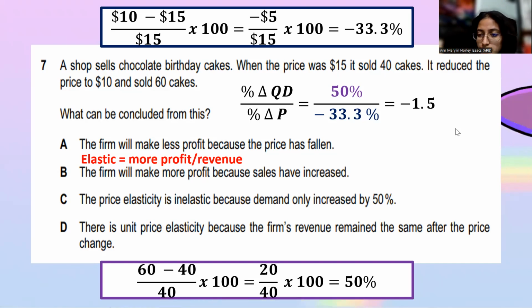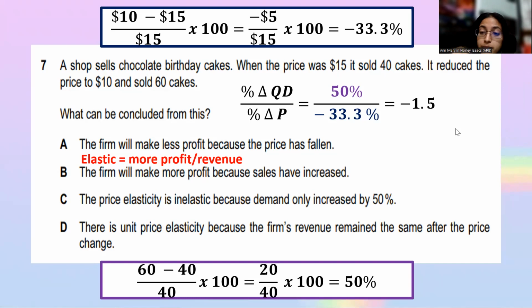It's already in percentage form. Give you negative 1.5. Why negative? One is a positive, one is a negative. So when you come to calculating price elasticity of demand, you will actually see that most of the time, in the case of a normal good, you will see a negative figure. And that's what we normally observe. When price goes up, less people would buy.